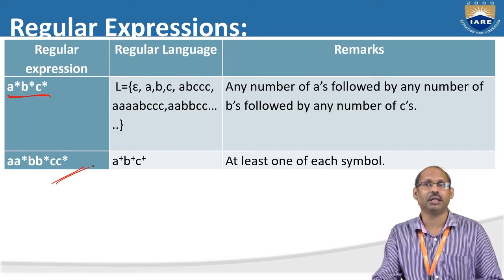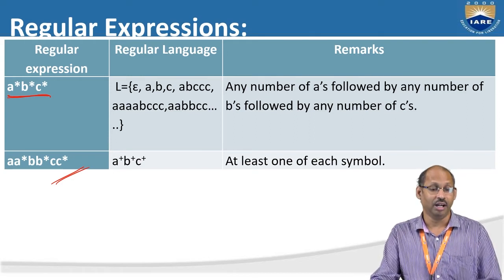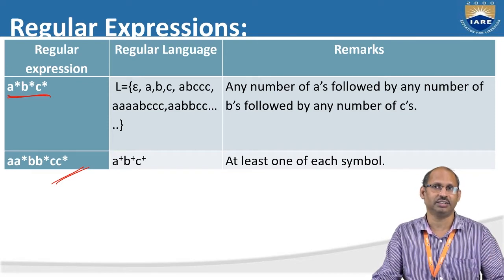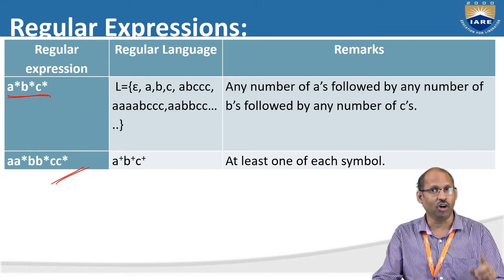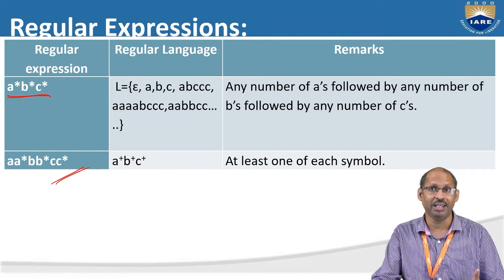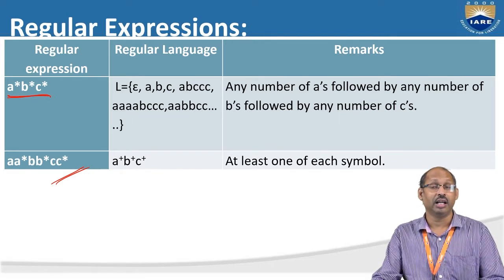Then, A plus, B plus, C plus, which says that at least one symbol of each category should exist. One or more A's followed by one or more B's followed by one or more C's.